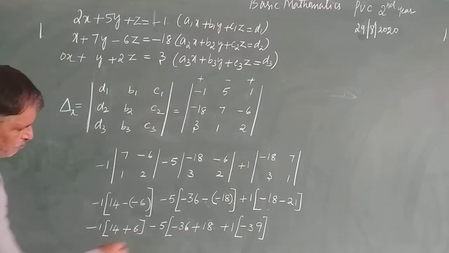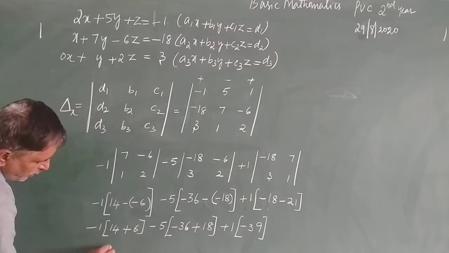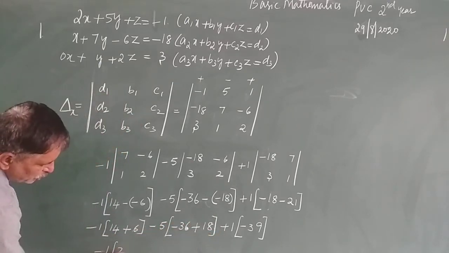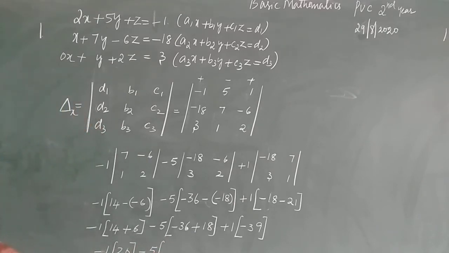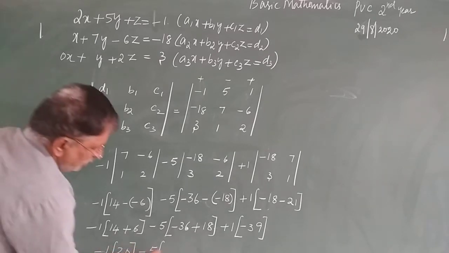So this will become minus 1 into, if I add these two I will get 20, minus 5, it's minus 36 and plus 18, both are different signs. What happens? Is it again minus 18?